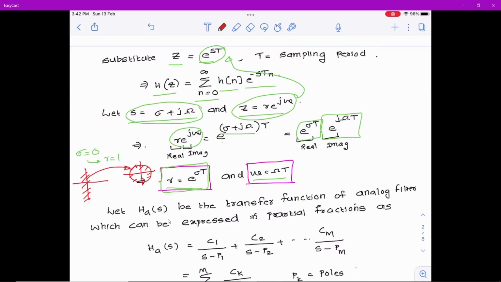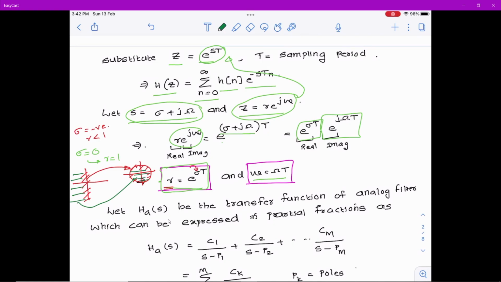In a similar way, when sigma is negative, r is less than 1. If we put some negative value for sigma here, then the value of r is less than 1. In effect, I have mapped the left half of the S plane to the inside of the unit circle.